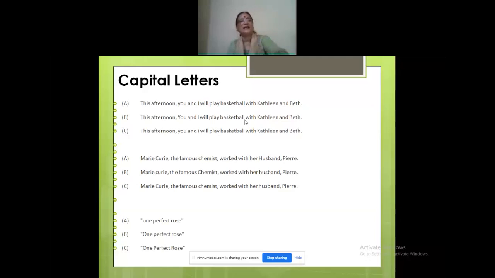That is right. Why is A not correct? A is not correct because the H of husband should not be capitalized. Because husband is a common noun, so it need not be capitalized. In B, the C of Curie is not capitalized, so B is not correct. C is the correct option.